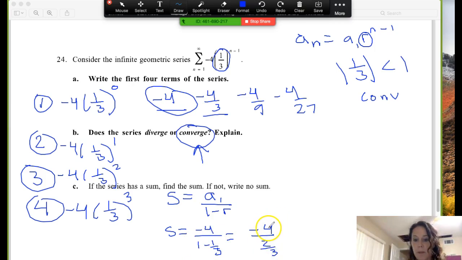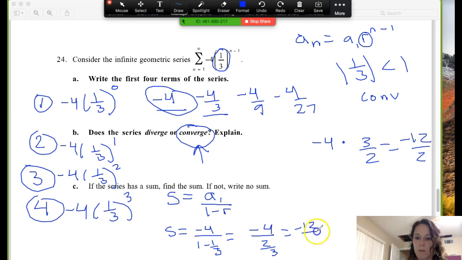Keep the top, flip the bottom, change to multiply. Remember, keep, flip, change. When you have a number divided by another fraction, keep the top, flip the bottom, change the divide to multiply. So 4 times 3 over 2 is going to be negative 12 over 2. And then 2 goes into 12 and gives you negative 6.